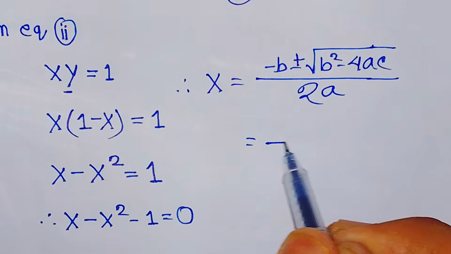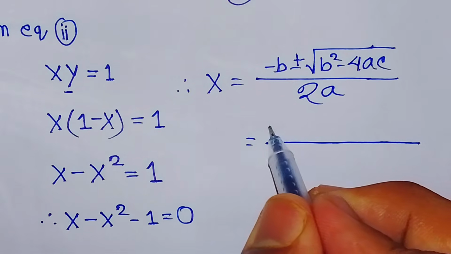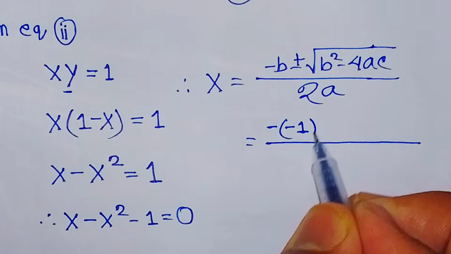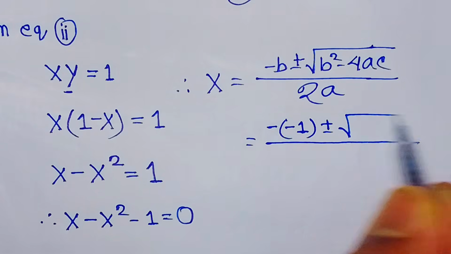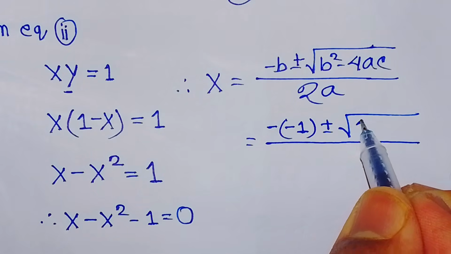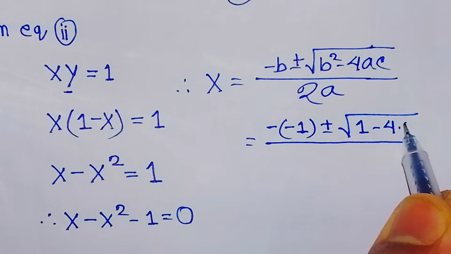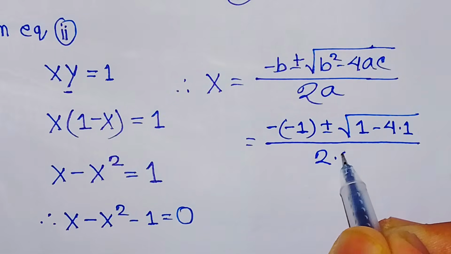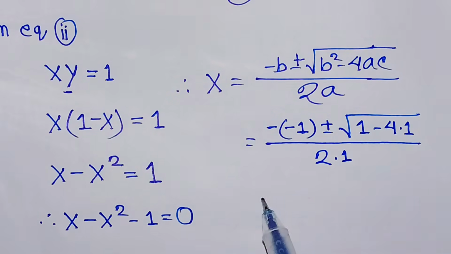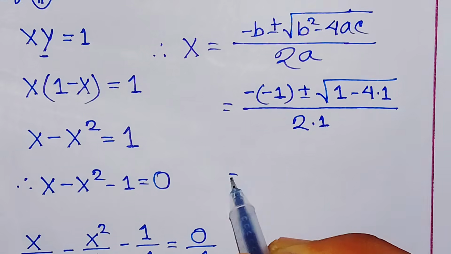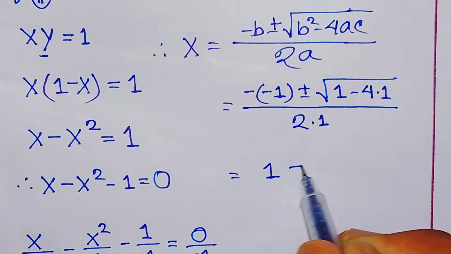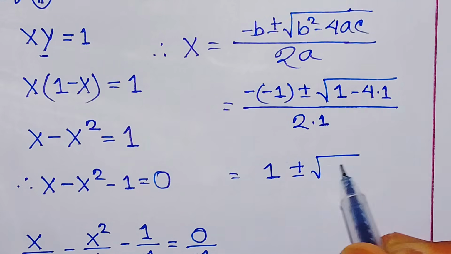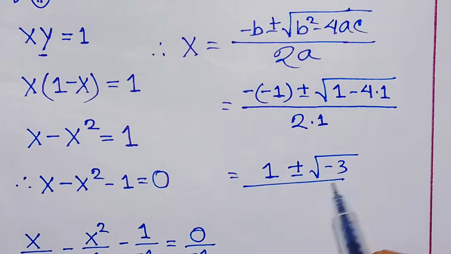Replacing the values in this equation, we get (-(-1) ± √(1^2 - 4 times 1 times 1)) / (2 times 1). So it will be (1 ± √-3) / 2.